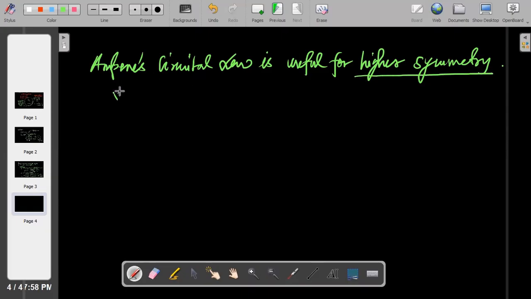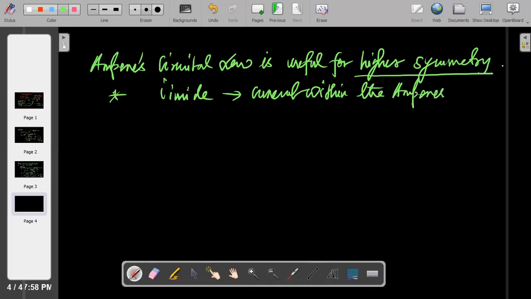And another point, please remember that I inside, it should be the current within the Ampere's loop, right? Within the Ampere's loop. But your B dot dl, please recall that E dot dA in case of Gauss law, right?